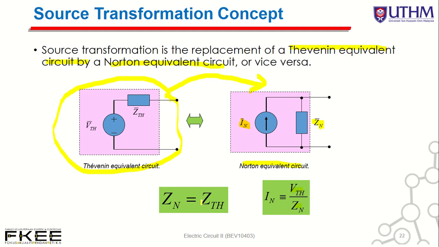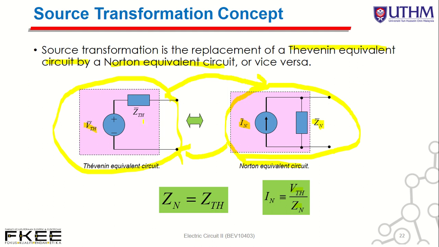That's how to transform from Thevenin to the Norton equivalent circuit. Let's say you have a Norton equivalent circuit. How to transform it to a Thevenin equivalent circuit? You have an IN and ZN. Then you need to transform to the Thevenin equivalent circuit.